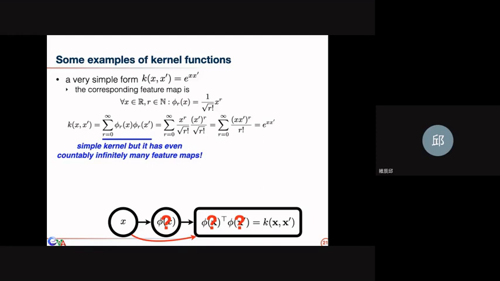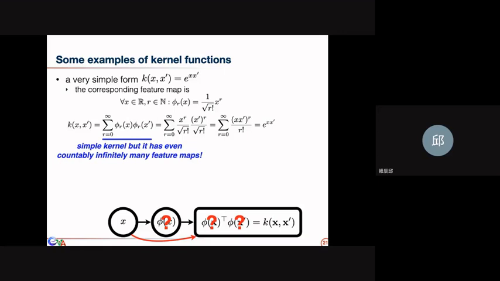Under such a feature representation, it is almost impossible for you to follow the original pipeline. The original pipeline is that I first have my data in my data space, then I compute their feature representation, and then I compute their inner product. This is almost impossible to achieve because your feature representation is now in an infinite dimensional feature space.